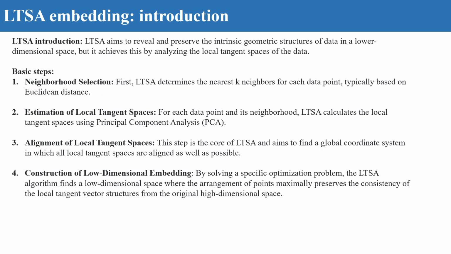LTSA is a dimensionality reduction technique that analyzes the local tangent space of data to reveal and preserve its geometric structure. It selects the nearest k neighbors for each data point, calculates the local tangent spaces using PCA, aligns the local tangent spaces to find a global coordinate system, and constructs a low-dimensional embedding by solving an optimization problem.